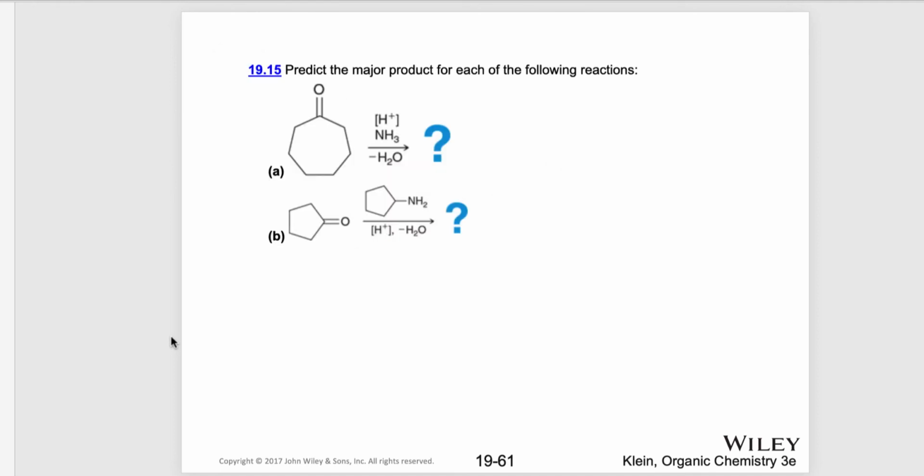And then here are a couple of other ones. Here it just gives you a square bracket. We do know that these reactions are acid catalyzed. It's a condensation reaction. See the pattern: loss of water, loss of water. Ammonia will give you the imine. So here I'm just going to focus on the reaction side.